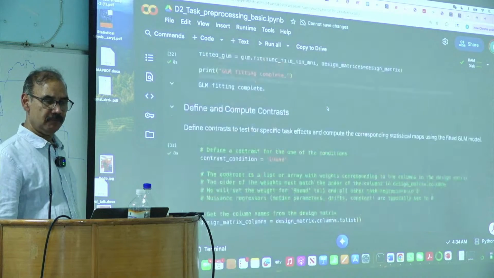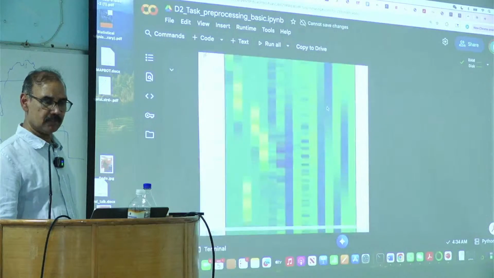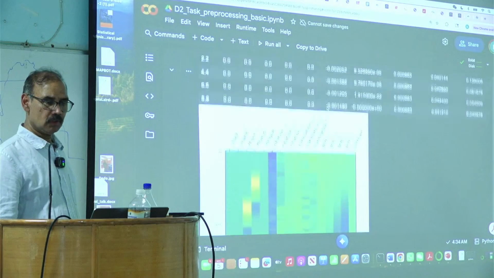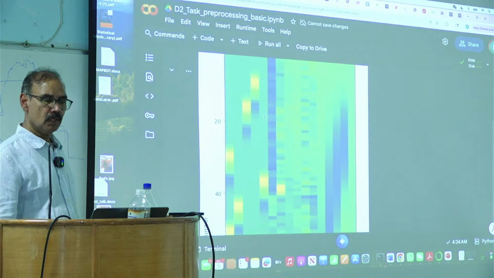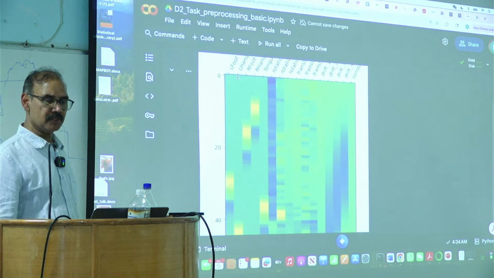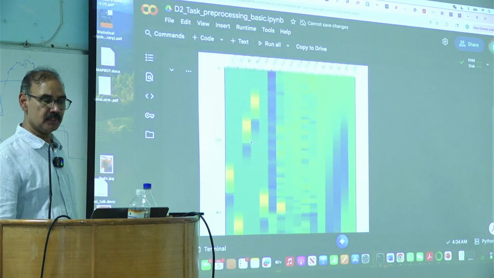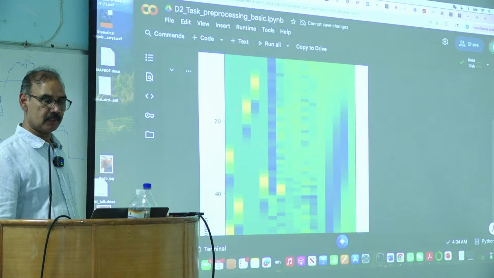So the design matrix had baseline, 1 second. So the blank regions would be baseline regions, right?